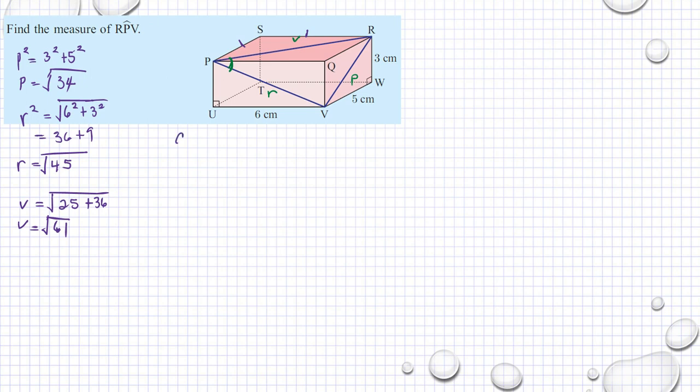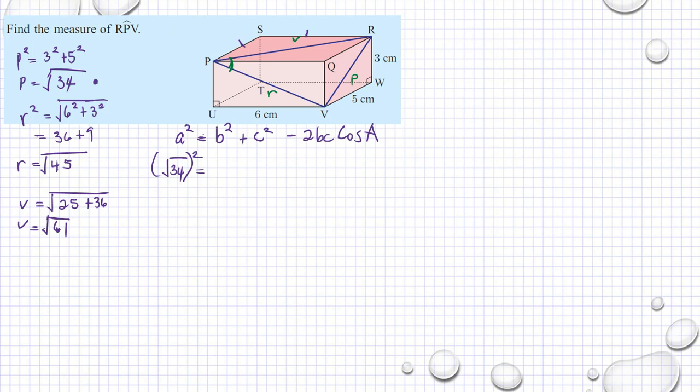The cosine rule says a squared is equal to b squared plus c squared minus 2bc cosine a. So if the opposite is p, here is my p, that is the square root of 34, and that should be squared.